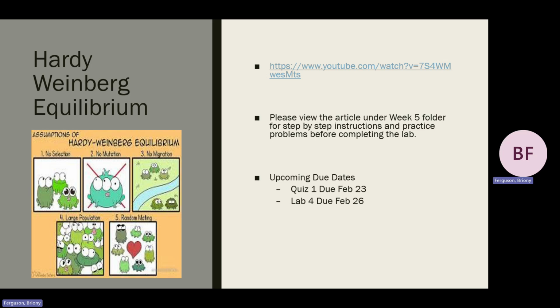I am going to remind you, though, that the Hardy-Weinberg lab 4 questions are a participation lab. So as long as you answer them and include the work that you've done on them, so the steps that you've taken, you will get full points for it, even if your final answer is not correct.